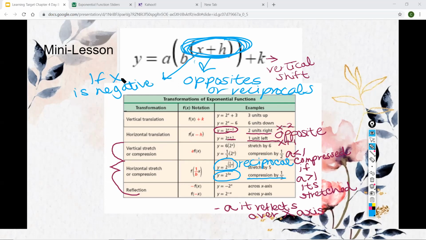Y. If X is negative, reflect over Y. This is the hardest part of exponentials, is trying to figure out what goes with what. Like they'll give you an equation and then you have to figure out how it is translated. But guess what you can do if you get stuck and you don't know? Put it in your calculator, right?